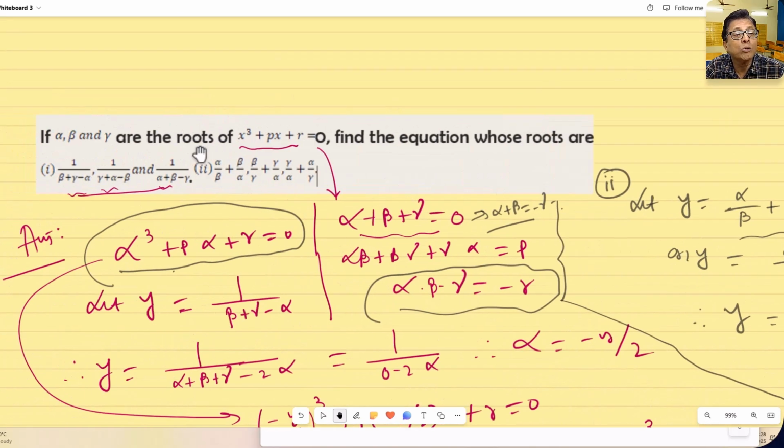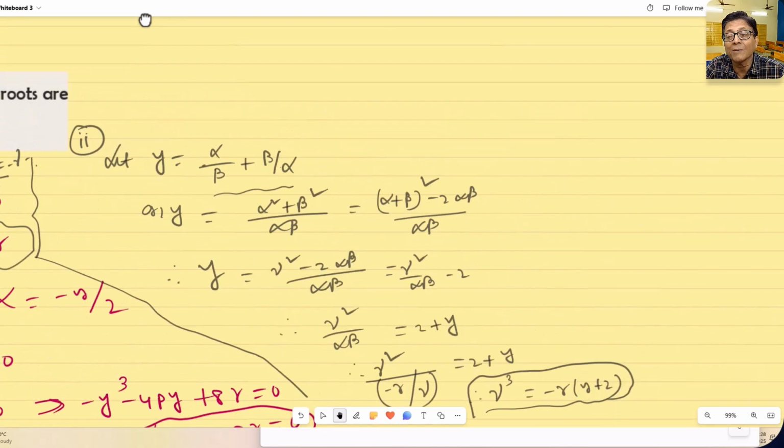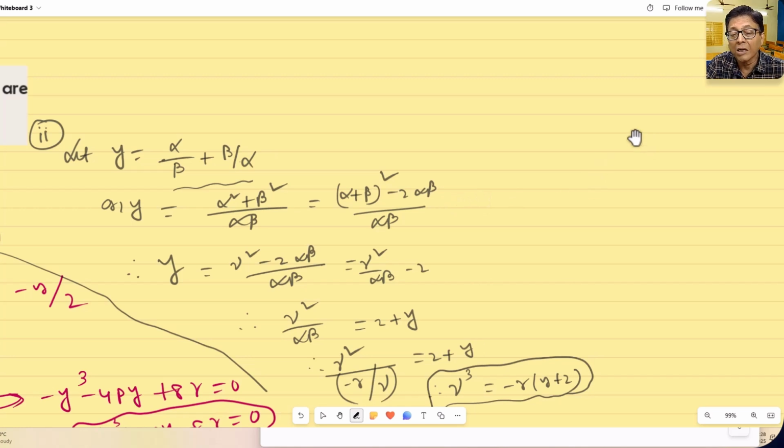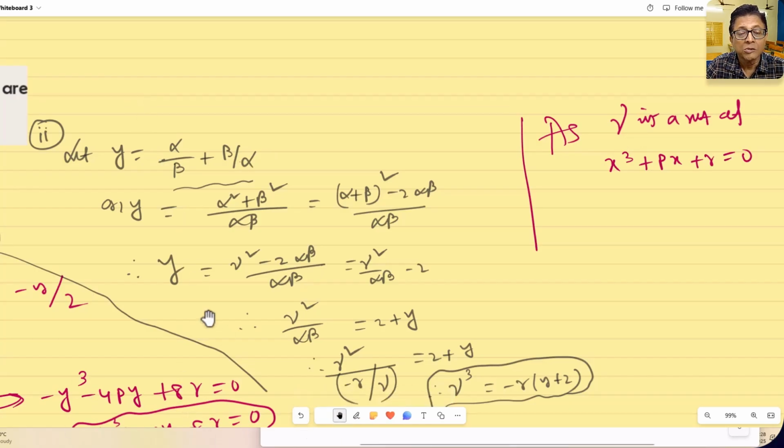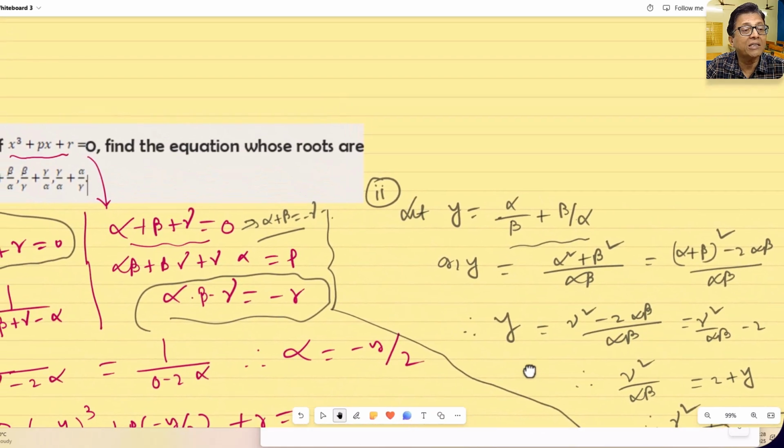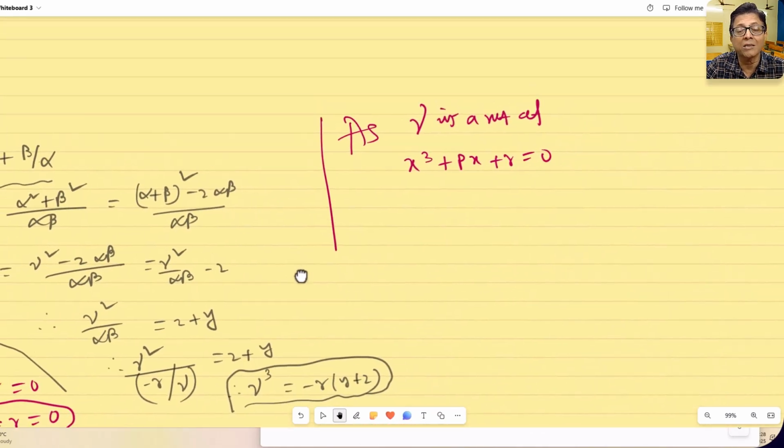Now gamma is the root of this equation, so it will satisfy the equation. As gamma is a root of x cube plus px plus r equal to 0, it must satisfy the equation x cube plus px plus r.